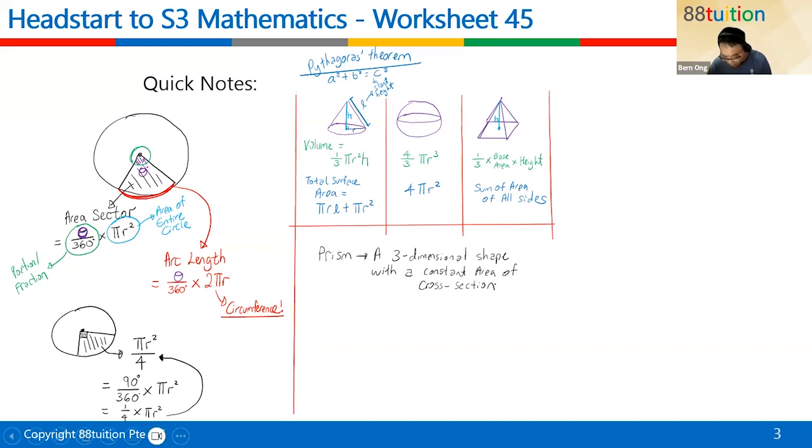A prism can look something like that. This is a triangular prism. Not bad, right? This portion that is consistent is called the cross-section.